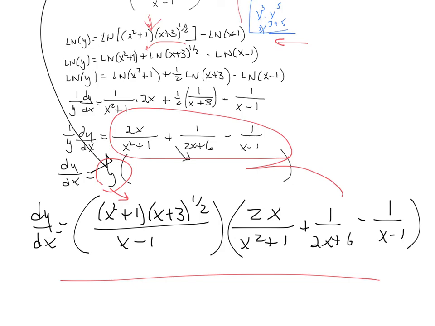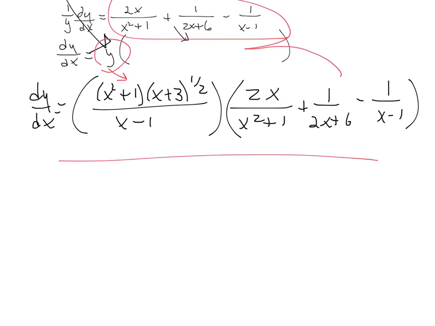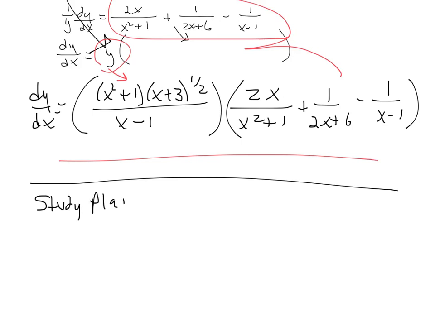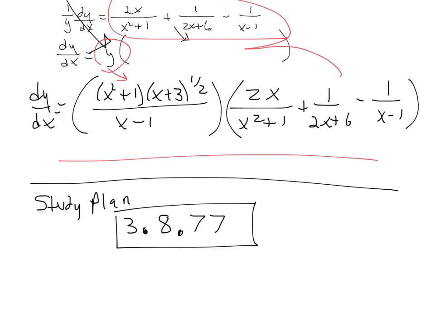There is a study plan problem, and if you get time, because that's all you have is time, right? If you click on the study plan, look at problem .8.77 and see if you can work that.